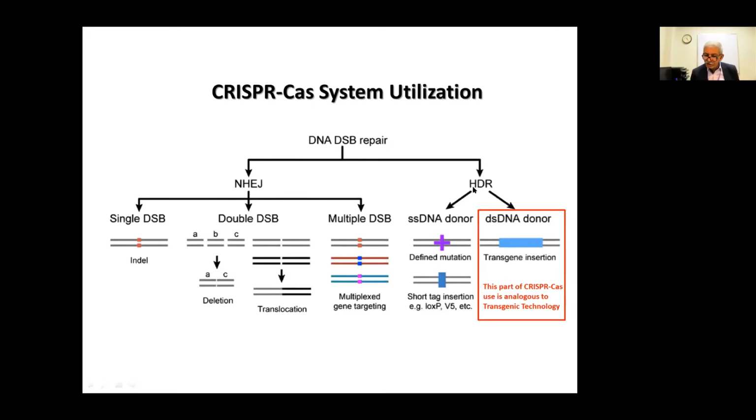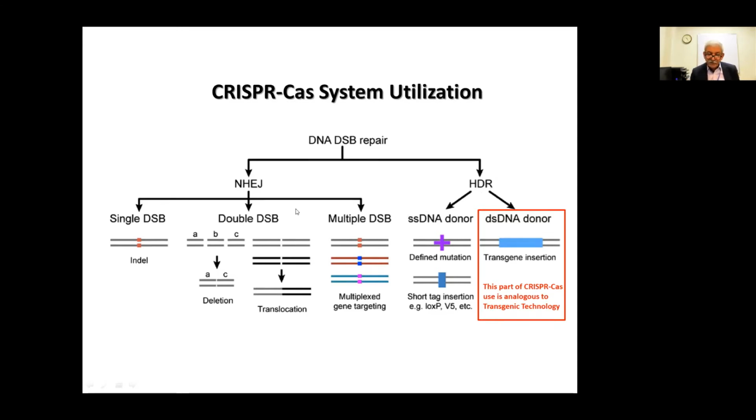One is homology dependent repair. It means you have the terminal ends of the target DNA and the DNA you want to replace it with. They have the same cohesive ends. You can join them together much more easily. If you have cohesive ends, you can go for it. It is much easier to do HDR.